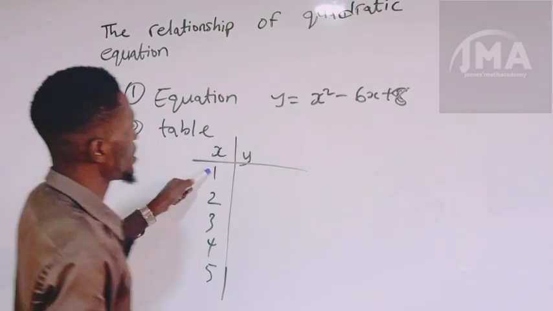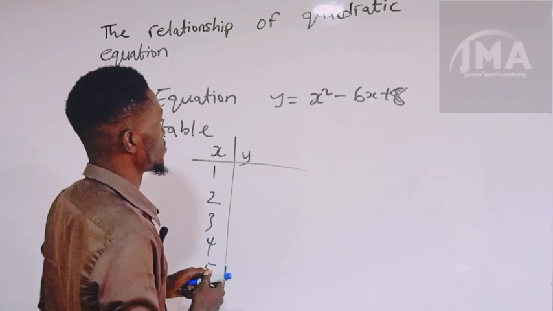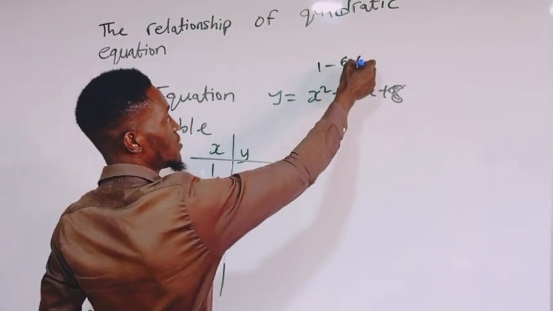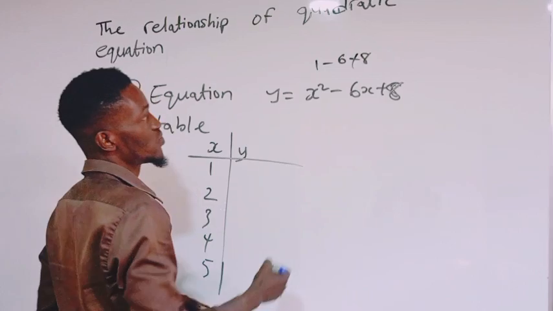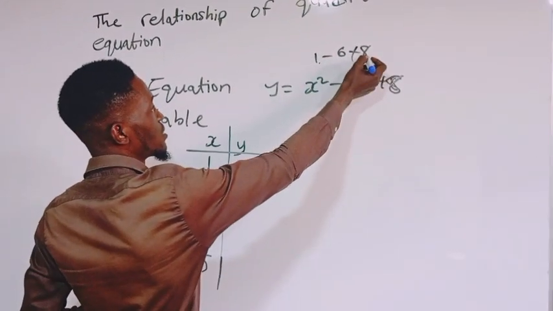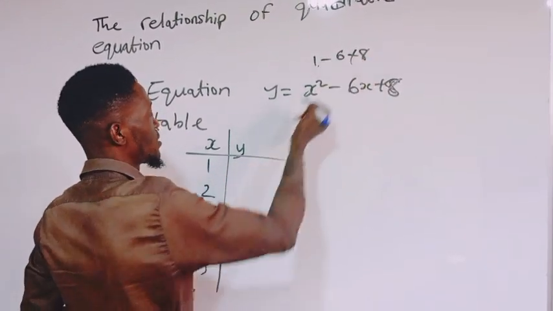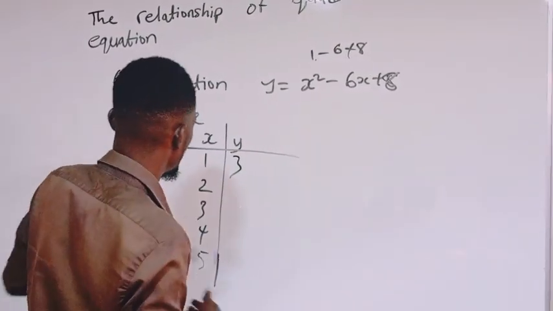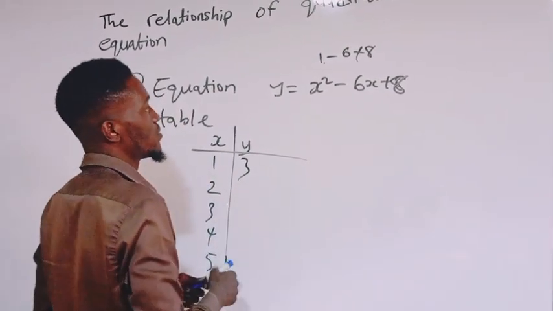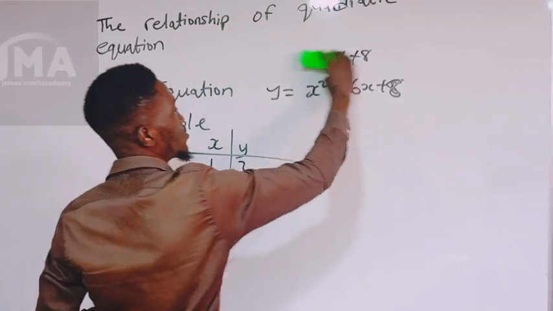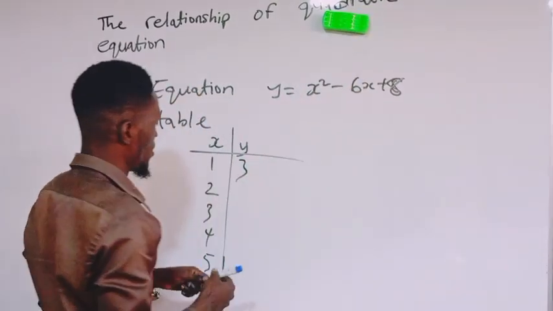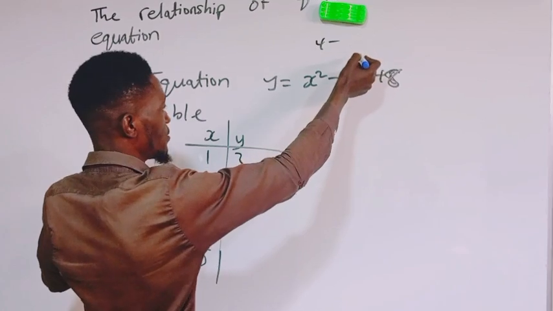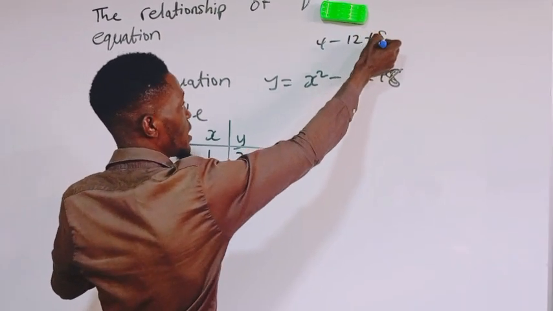If we substitute 1 into this particular equation, we're going to have 1 minus 6 plus 8. So 1 plus 8 is 9, and 9 minus 6 is 3. Then we substitute 2 into this equation. You're going to have 4 minus 12 plus 8.